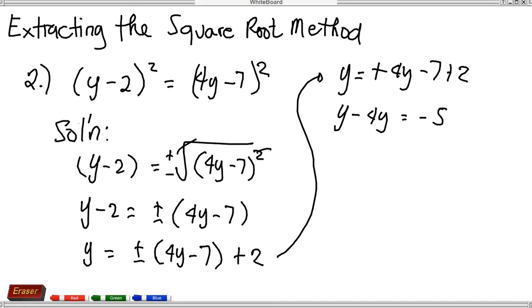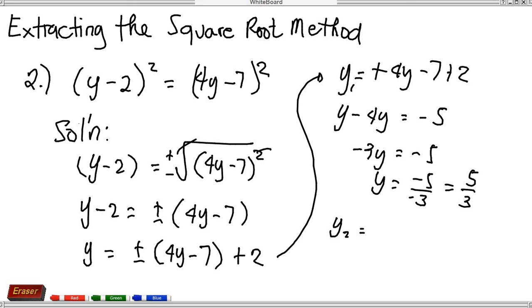Now first we're going to use the positive sign. So this is your y1. This becomes −3y = −5. So y is equal to −5 over −3, or positive 5 over 3. Now for your y2, using the negative sign, you have −4y, and then plus 7 plus 2.